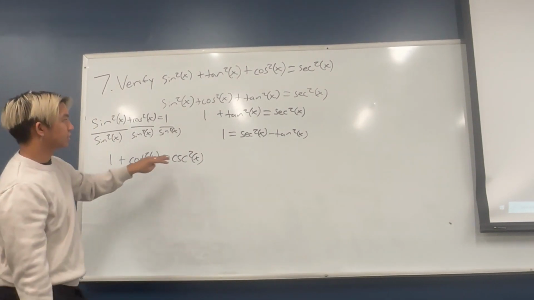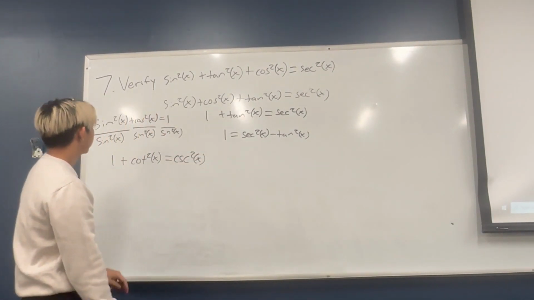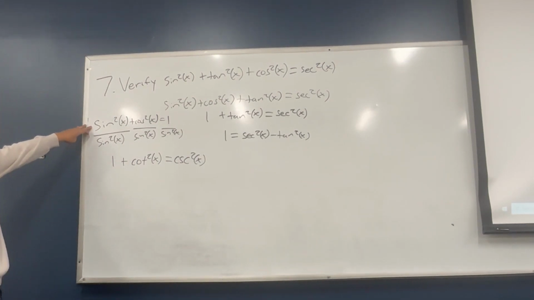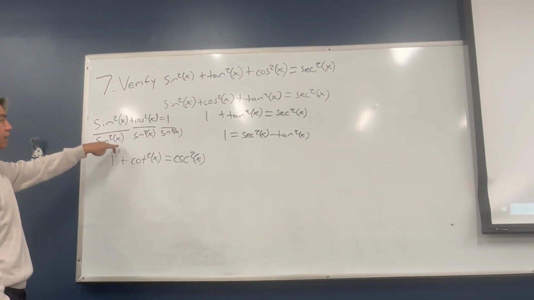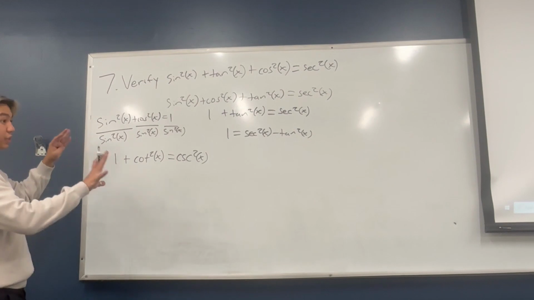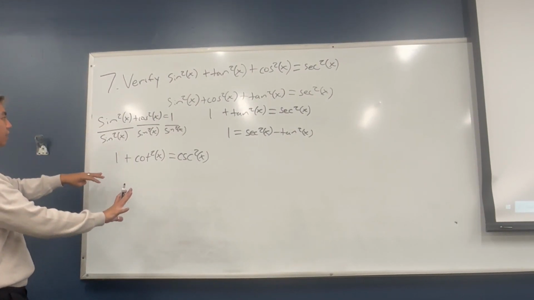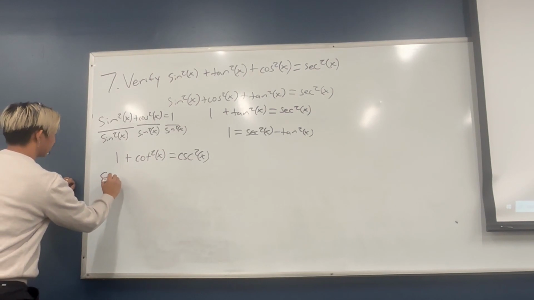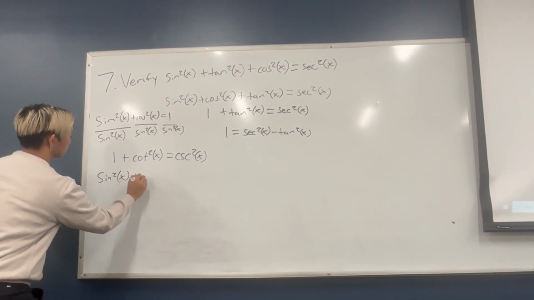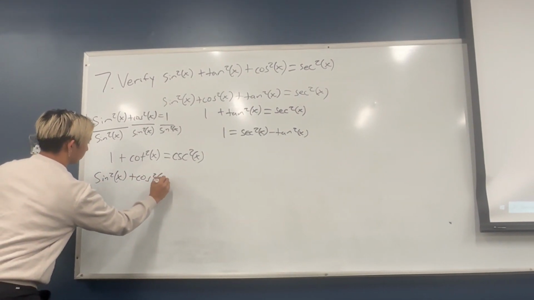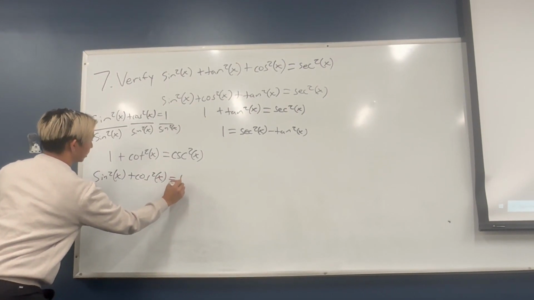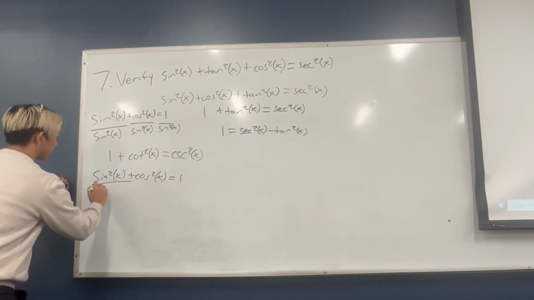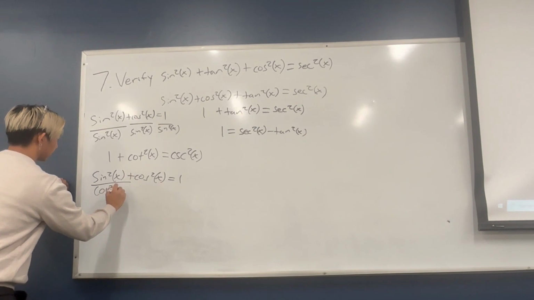Unfortunately, this isn't the right one for this problem, but remember how we just divided everything by sine squared of x? We can also do the opposite, right? We can also divide everything by cosine. So I'm going to write it out again. Sine squared of x plus cosine squared of x equal to 1, right? So I'm going to go ahead and divide everything here by cosine squared of x.